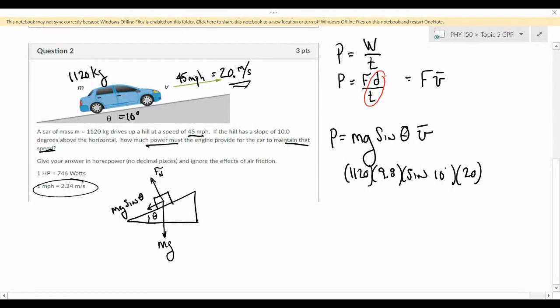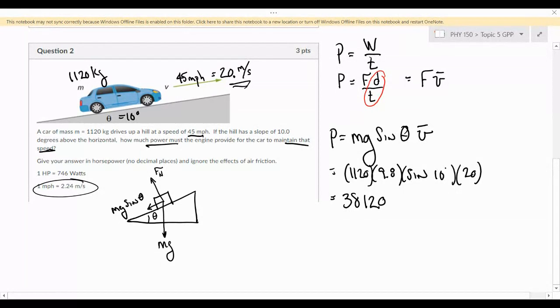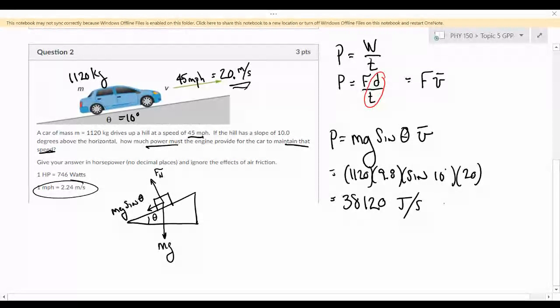It's going to be a relatively large number because a joule is a relatively small unit of energy. Remember this is joules per second. And I got about 38,120 joules per second, or watts.